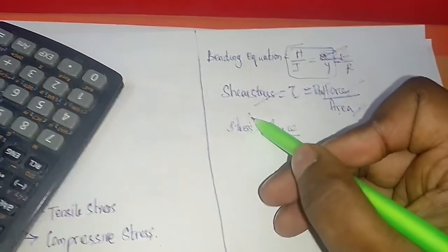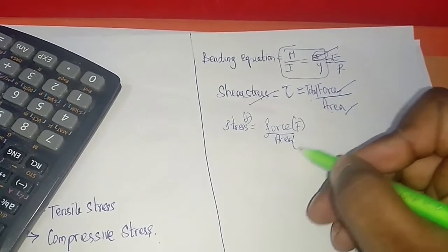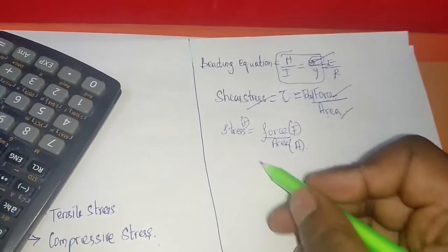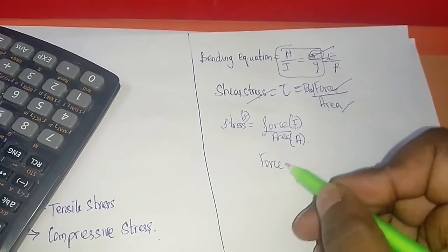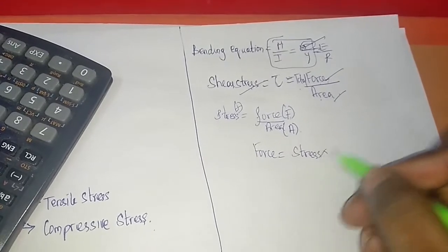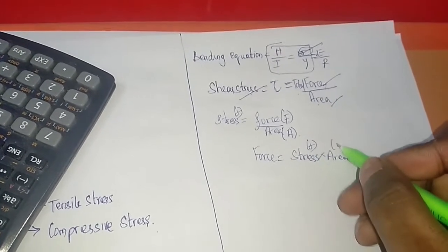Stress is denoted as sigma, and force is denoted as capital F. Area is denoted as capital A. So how will you find the force? If you keep force on one side and take the area to the other side, what will happen? Stress into area, so sigma into A.